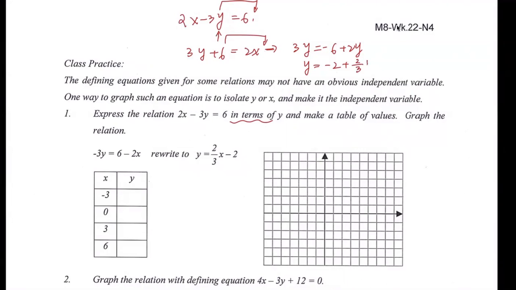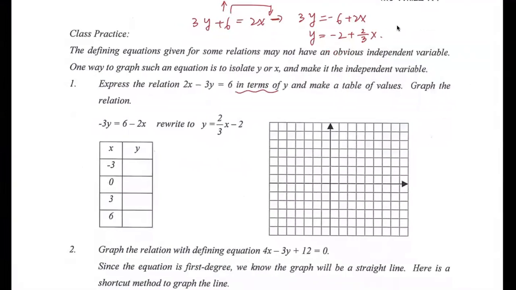Oh, sorry, this should be x. Okay. And so our answer is y is equal to minus 2 plus 2 over 3x. And answer here is y is equal to 2 over 3x minus 2. So our answer is right.